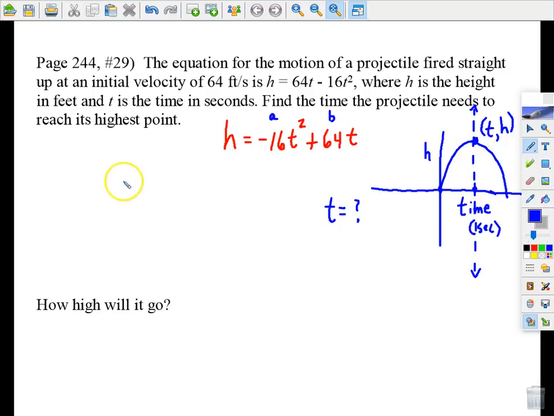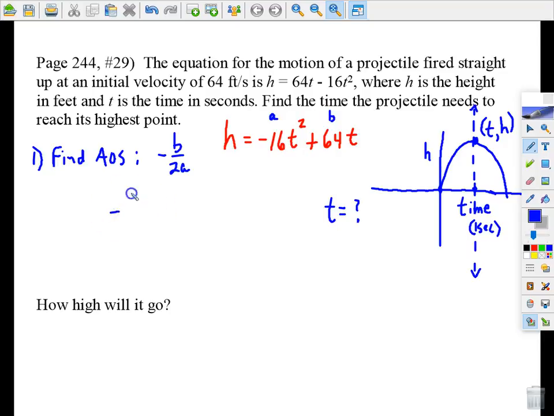And just think back to when we did some graphs the other night. How did we find the AOS? Because that's really going to be the answer to our time question. How much time did it take to reach this highest point on the parabola? We said there's a little formula that we follow. It's the opposite of b over 2a. I've already labeled a and b for you in this function.